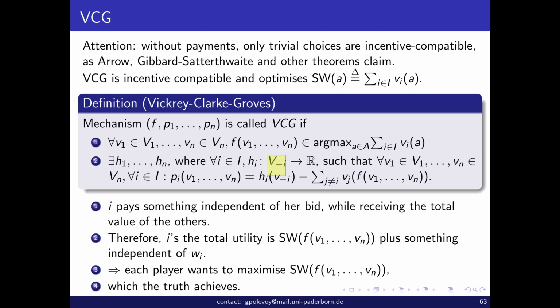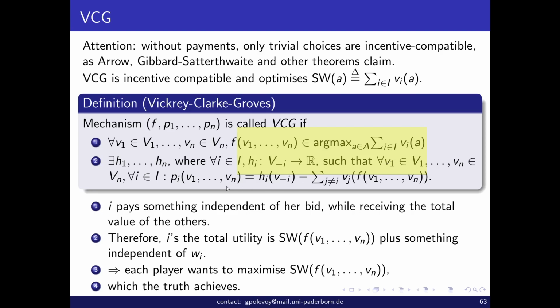And for any value functions which are declared, the payment which you have to pay is this h minus the sum of the values of the others, based on the option which has been chosen as the optimum option, again assuming that the values are what they have been told.